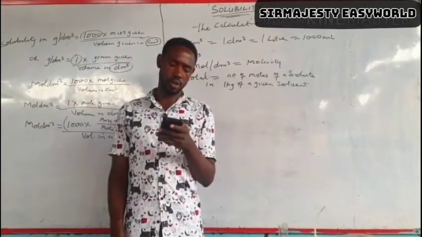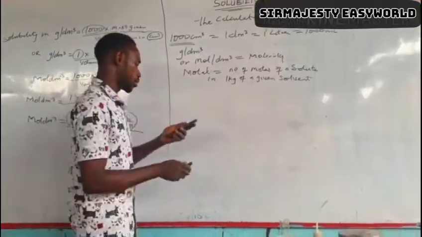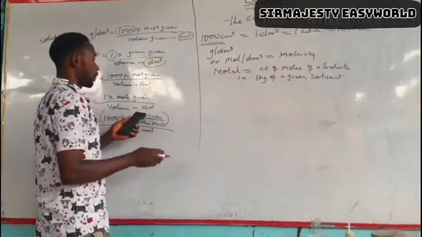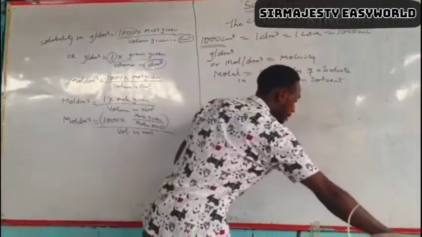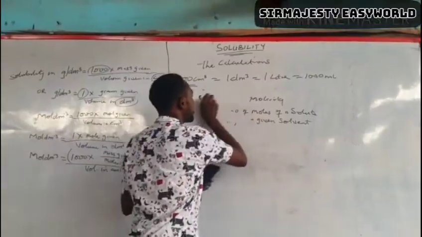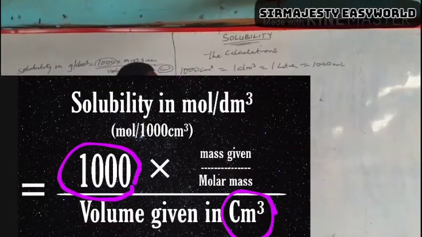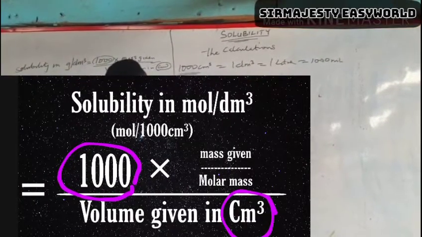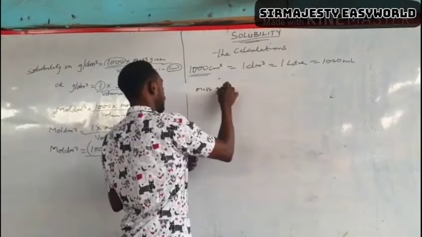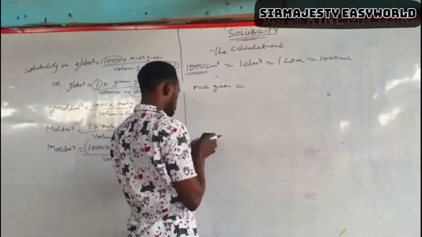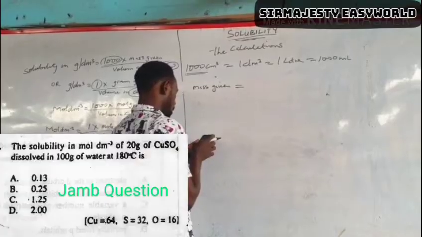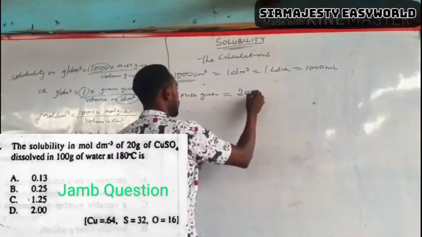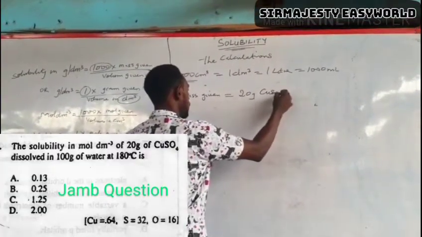So in answering this question, they say solubility in mole per dm³. So first step, when you see any solubility question, first of all, note the mass given in the question. From the question, it says the solubility in mole per dm³ of 20 grams. So the given mass is 20 grams of CuSO4.